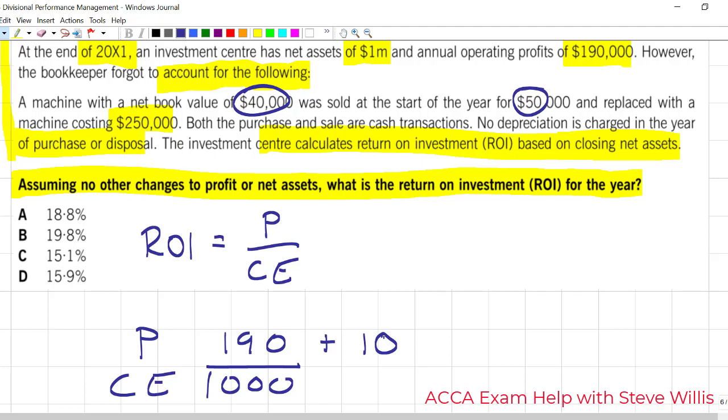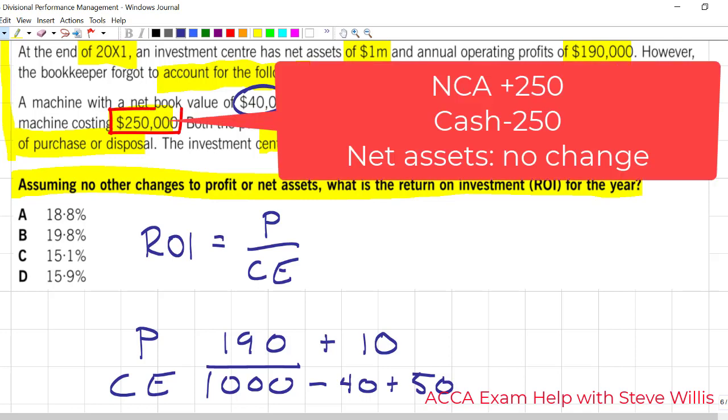And then we have the net book value of the asset, so that's going to be minus 40, plus the cash that we received for that, 50. And then the other new asset, the 250, we paid cash for that. So that's increased the non-current assets, decreased the cash. So then there's no change to my assets there if we're using cash.